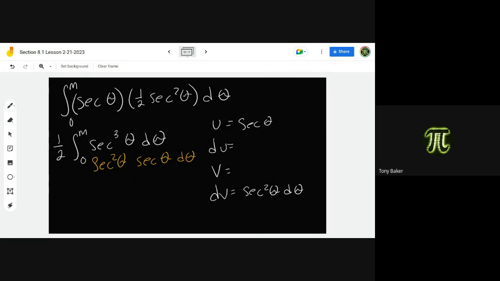So what's the derivative of secant theta? Secant theta tangent theta. And what's the integral of secant squared theta? Tan theta.